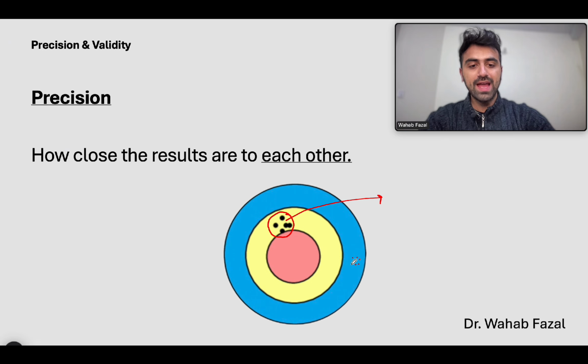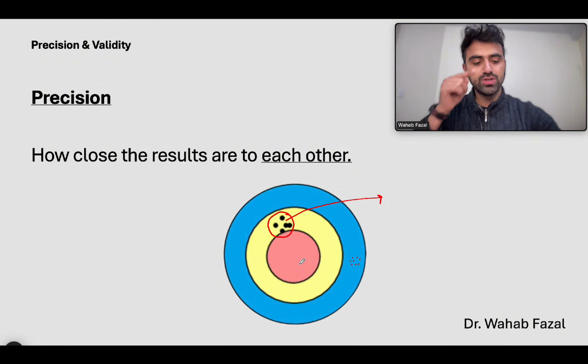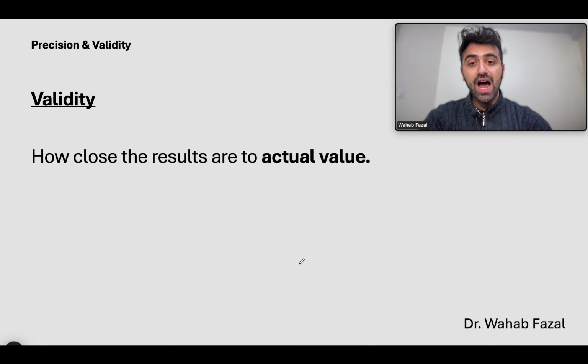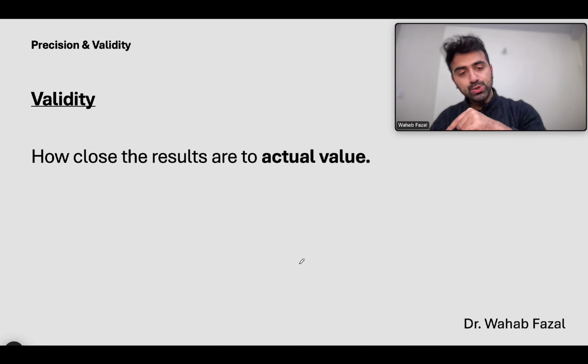But if he's shooting arrows very close to each other, he's still precise, but he's not hitting the bullseye. If this is our actual target, this is what he should be hitting. He's not hitting this. So what is this called? What if he hits the bullseye? What will that be called? That's validity, meaning how close the results are to the actual value.